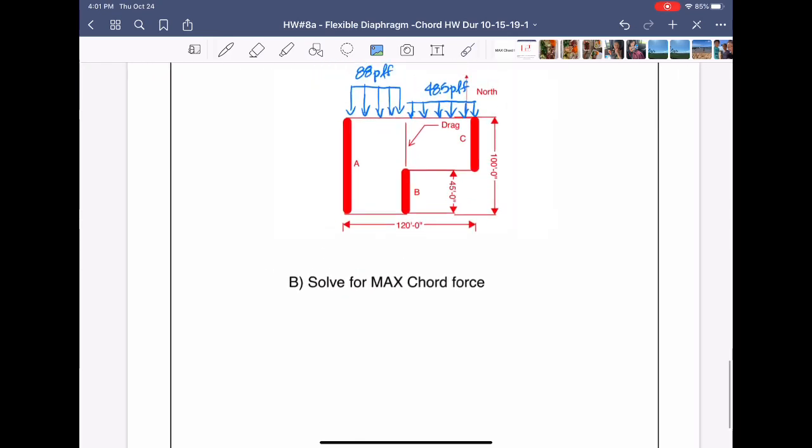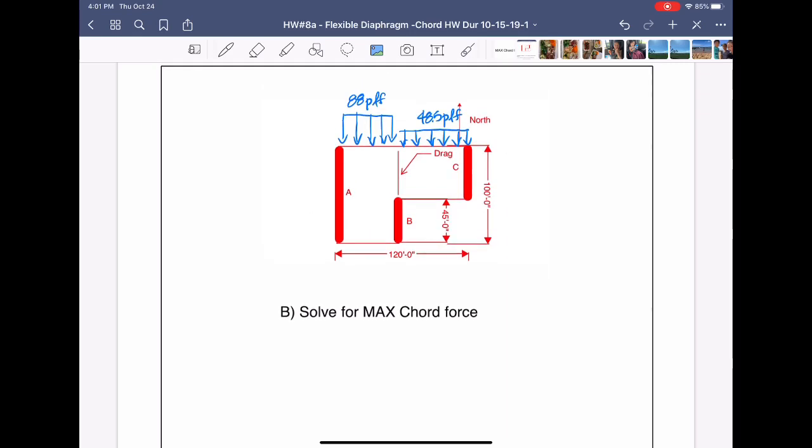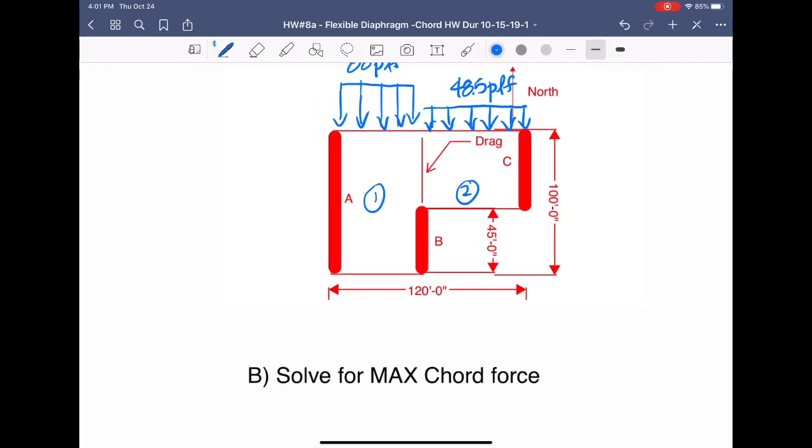right? So we'll say that this is 1 again, 2. Now the chord, remember, if that was bending like a beam, it would be like this, right? So what is the maximum moment? Moment is maximum at center.